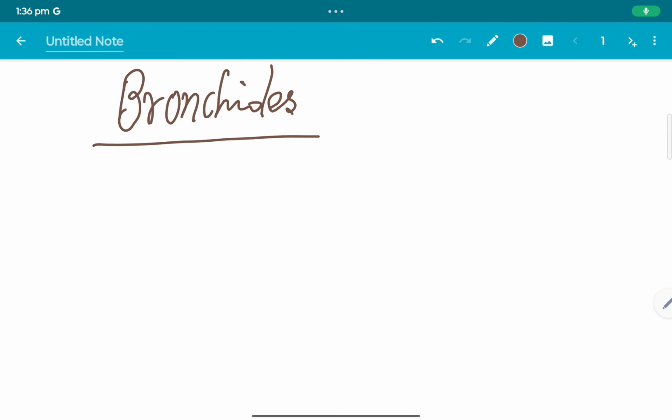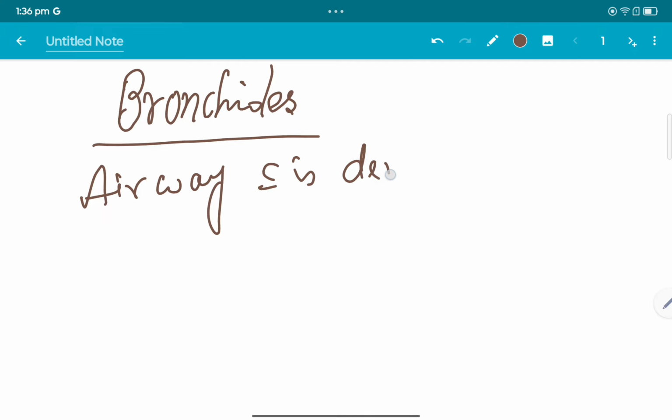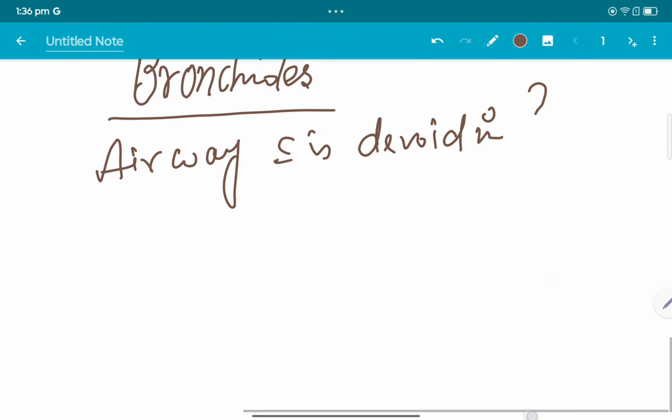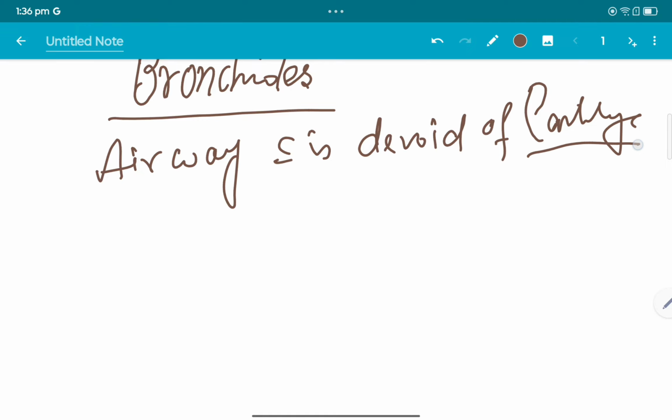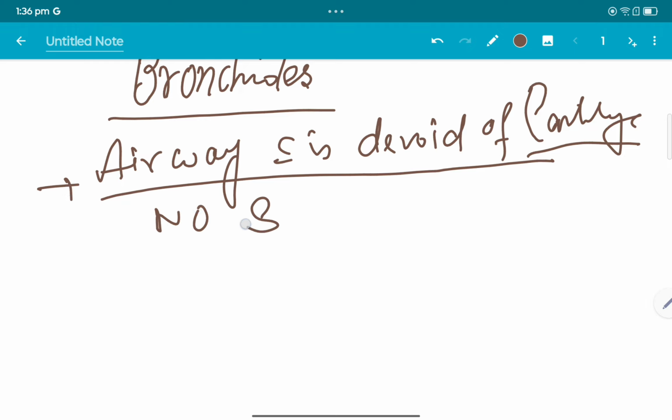So, what is a bronchiole? A bronchiole is an airway which is devoid of cartilage. There is no cartilage in the bronchiole, and it has no seromucous gland, which means it has no goblet cells.